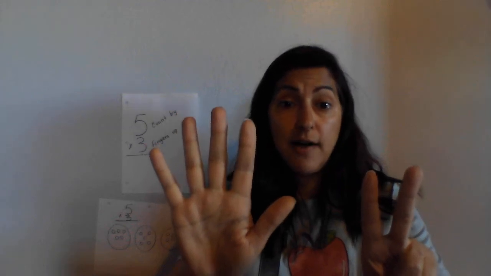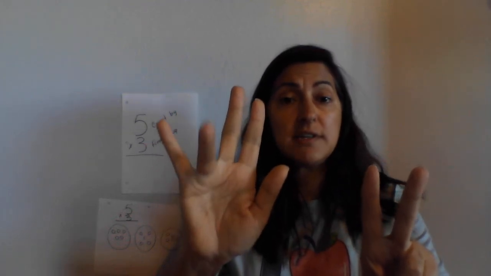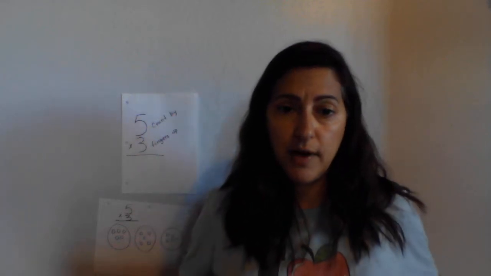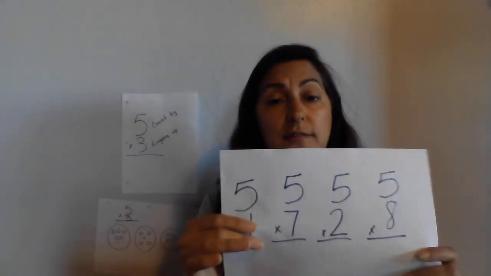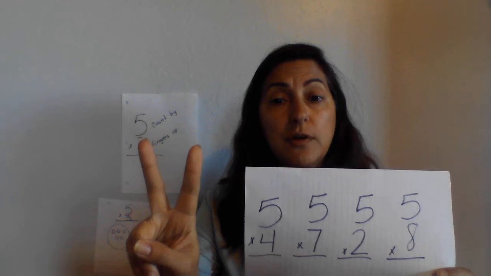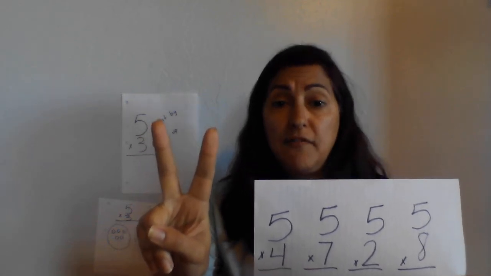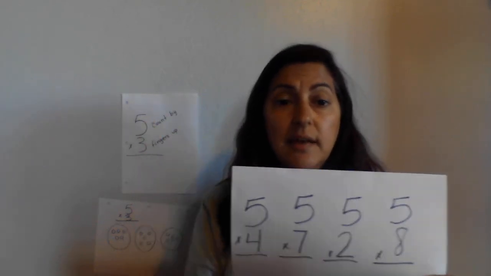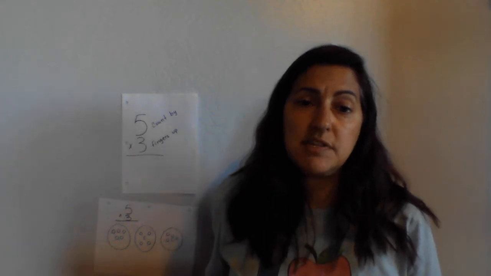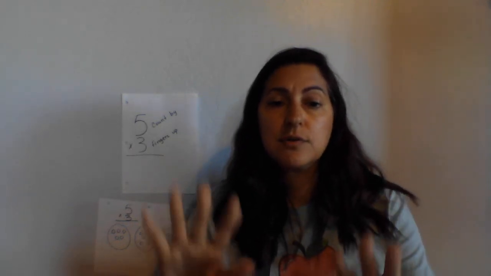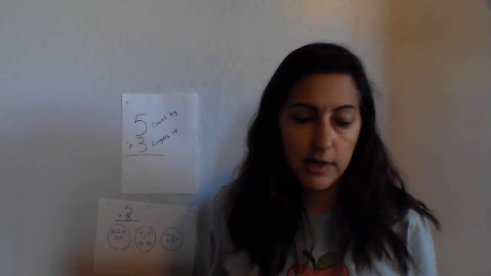We're counting by fives. Count it with me. 5, 10, 15, 20, 25, 30, 35. Next one is 5 times 2, 2 fingers up. Count by fives. 5, 10. And last we have 5 times 8, which is 8 fingers up, counting by fives. 5, 10, 15, 20, 25, 30, 35, 40.